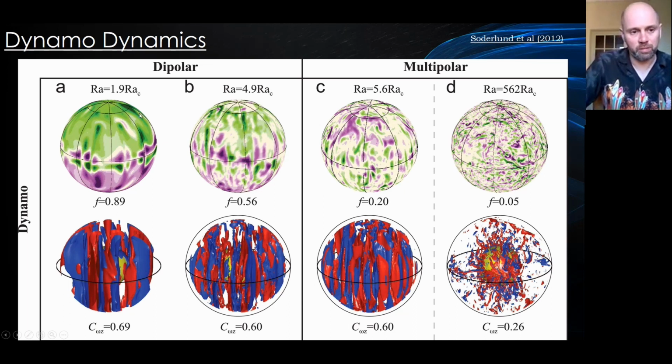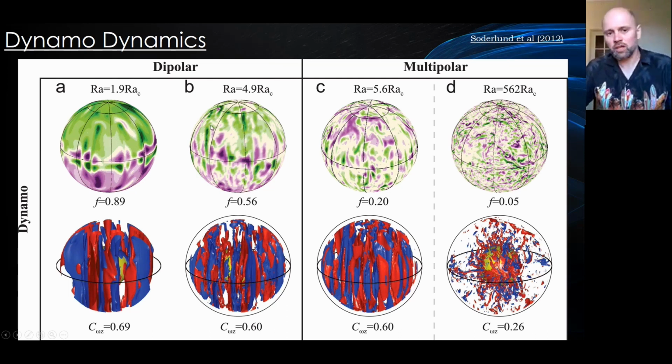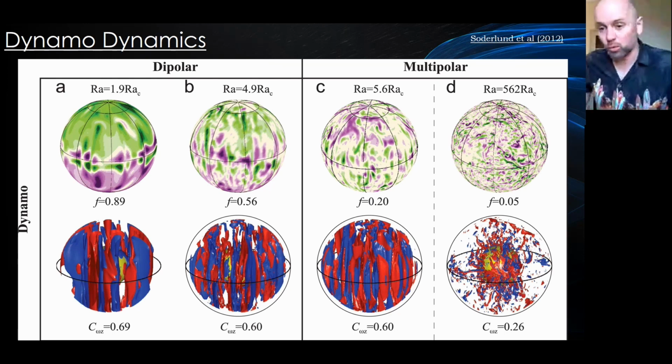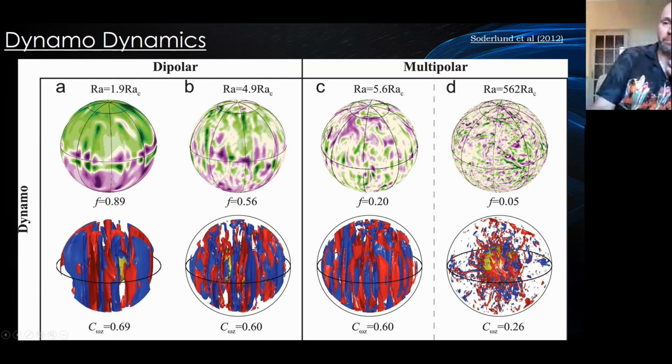Okay, so it's dipolar because you've got predominantly green in one hemisphere, predominantly purple in another, and all the flow is this columnar flow aligned with the rotation axis. But as you push the Rayleigh number higher and higher, into this more rapidly rotating turbulent regime, you can get rid of the dominant dipole. You lose the dipole, and all you've got is a small scale field being generated by small scale flow.